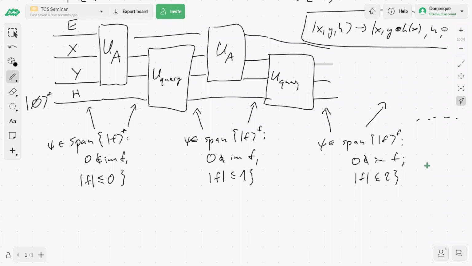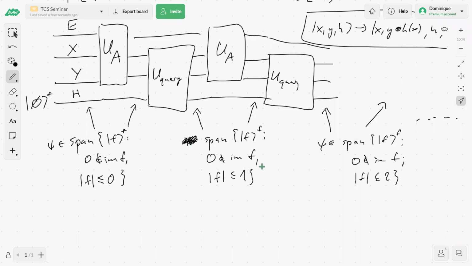Okay, now we come to the errors. So here, this holds perfectly. Psi is indeed in this span. However, here psi is not in this span anymore because there's a small possibility that we get a zero output. So when we query at a new position, for example, we may get a superposition between many outputs, exponentially many, and one of them is 0.